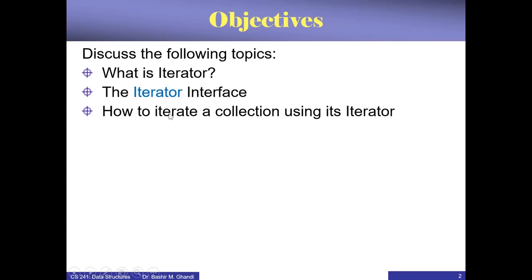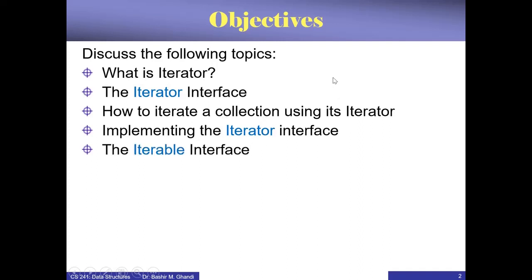How do we use an iterator to iterate through a collection or to traverse a collection, using the iterator of that collection? And then the important one, how do we implement an iterator? Because we want our doubly linked list, for example, to have the advantages that we're going to mention in having an iterator. So how can we make our doubly linked list have an iterator?